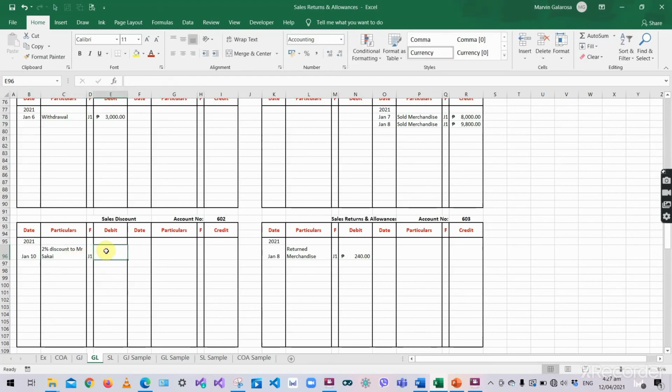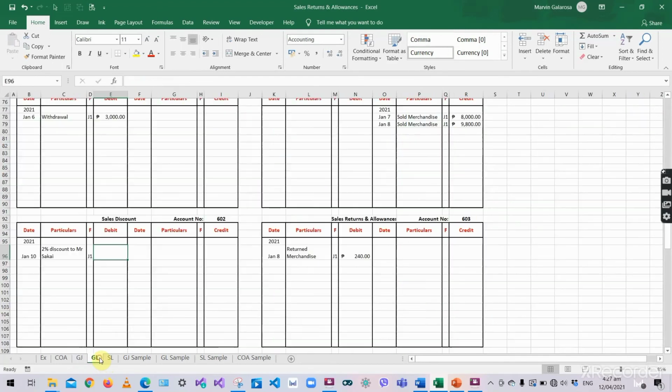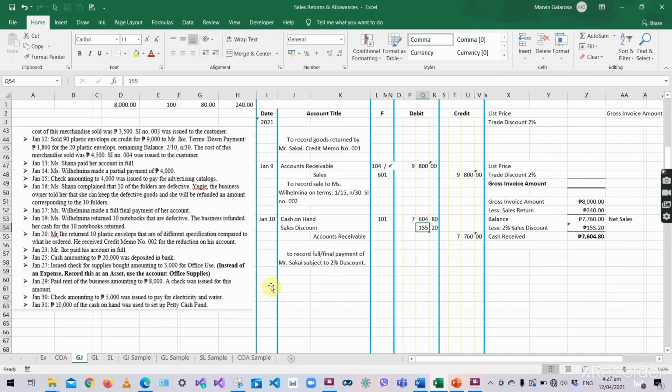Journal 1, debit na 155.20. Account number is 602. Lagay natin yung account number 602 after natin ma-post.